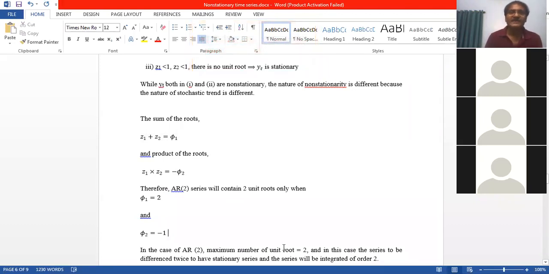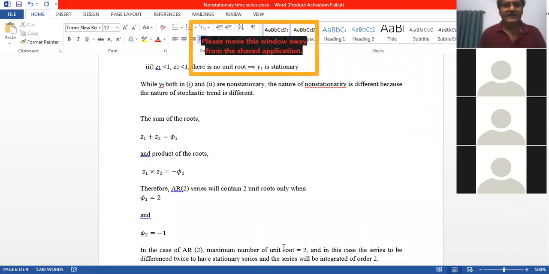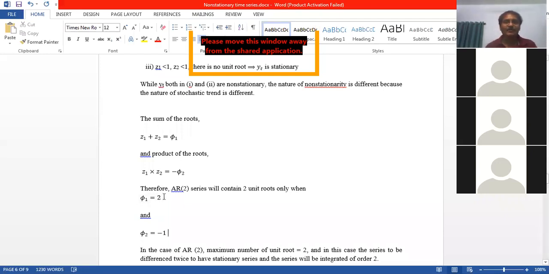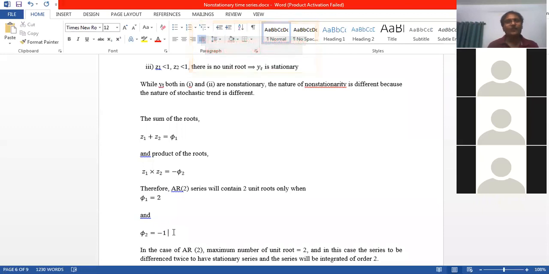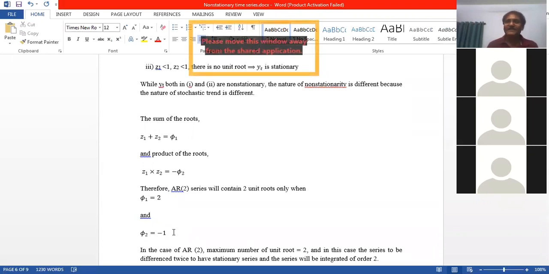AR2 is expressed in this way: yt is equal to phi naught plus phi 1 yt minus 1 plus phi 2 yt minus 2 plus epsilon t.